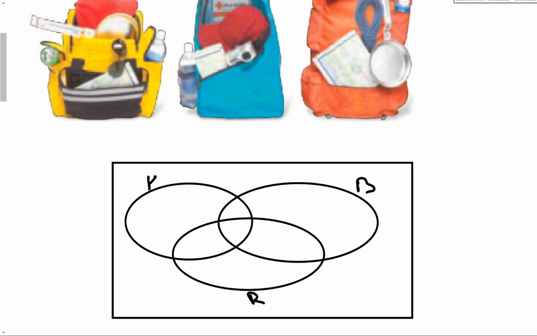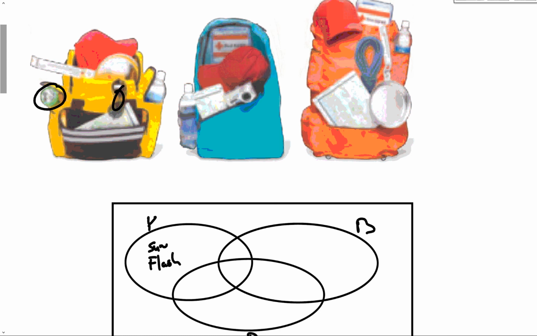Okay. So in the yellow bag, we have our sunglasses. We also have a flashlight. Where's the flashlight? There's my flashlight. Now, if you look in between the yellow and the blue, both of them have, well, let's not get to that yet, because we can see that all 3 have a red hat.